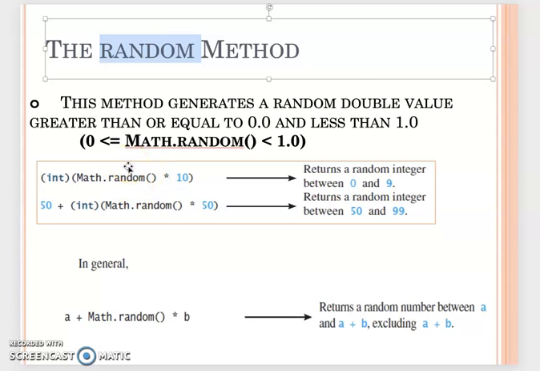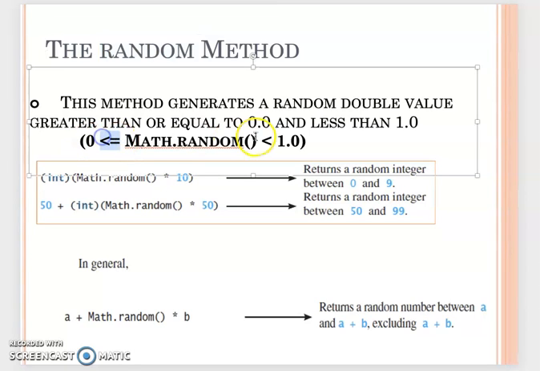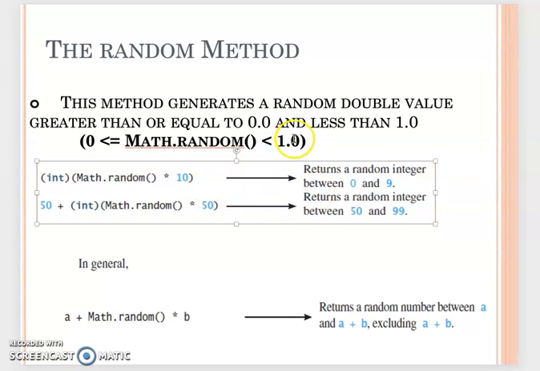But this random number actually is a long double value. This method gives you a value between 0, including 0, but less than 1.0, with many decimal places. So Math.random actually returns a double value.